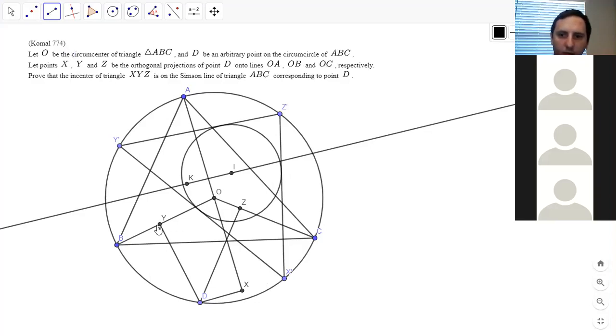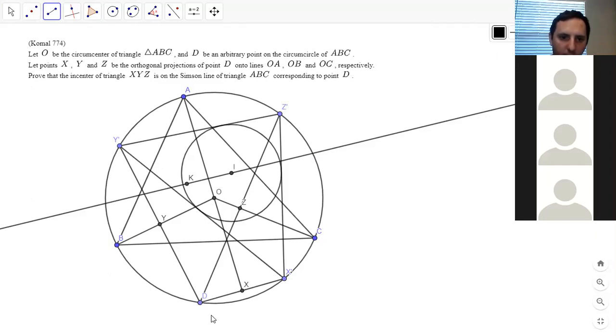I was gonna say, just make them thinner. So which segment should I make thin? DY prime, DZ prime, and DX prime.